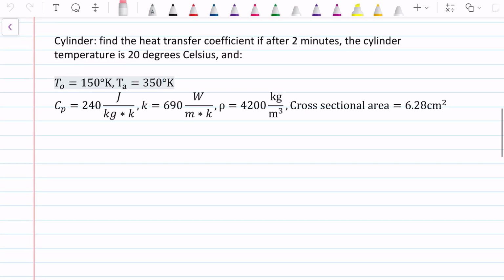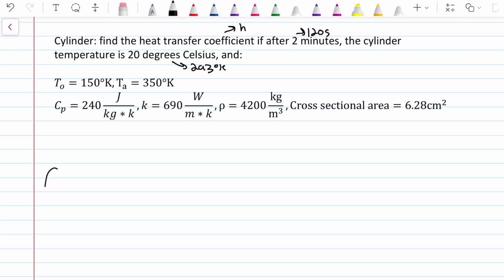All right, cylinder problem. Find the heat transfer coefficient h if after 2 minutes, or 120 seconds for SI, the cylinder temperature is 20 degrees Celsius, which we know is 293 degrees Kelvin. And we're given a lot of the same constants.